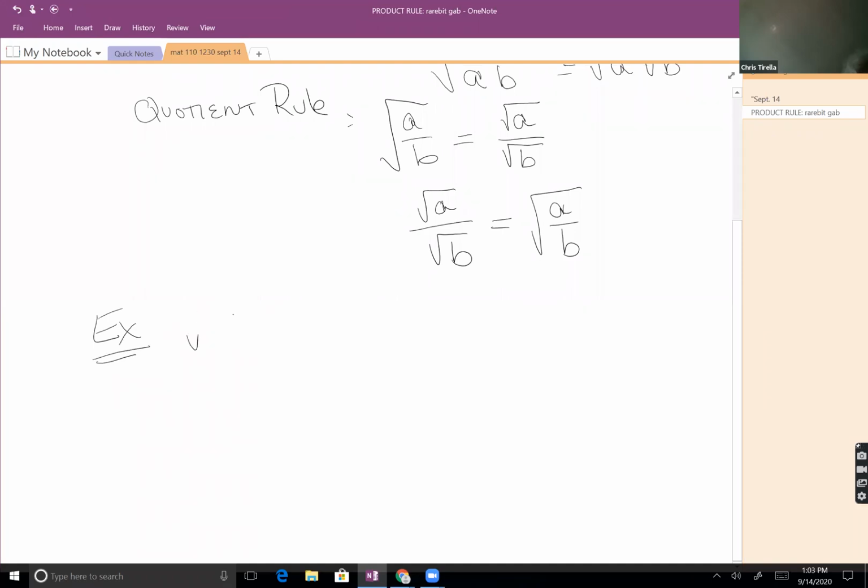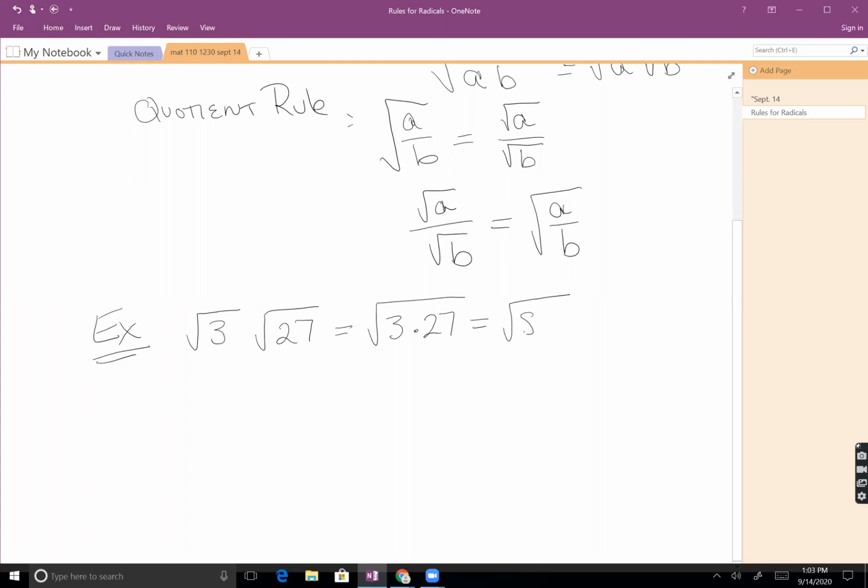If I have the square root of 3 times the square root of 27, well, that's the square root of 3 times 27. And what does 3 times 27 give me? 81. And can we take the root of 81?